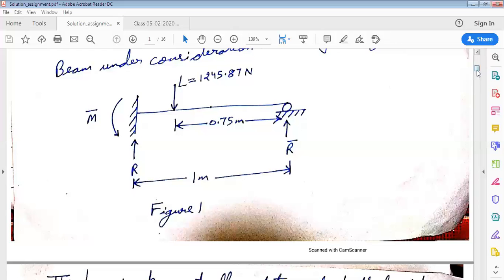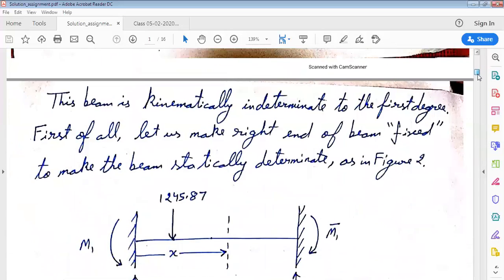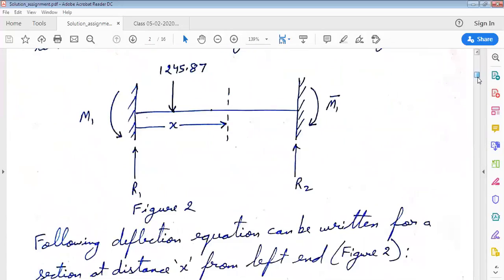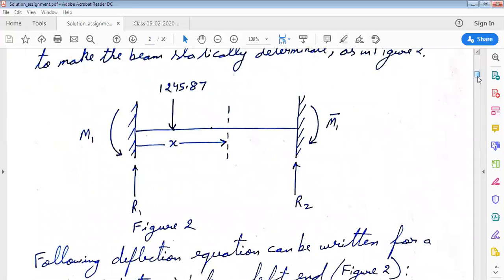So, while solving it through the displacement method, first of all, we will consider this configuration of the beam. In this configuration, both the ends of the beam have been considered to be fixed. And in this configuration, the reactions are R1, R2, capital M1, and capital M1 bar.